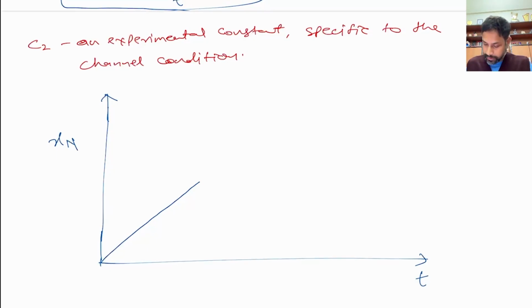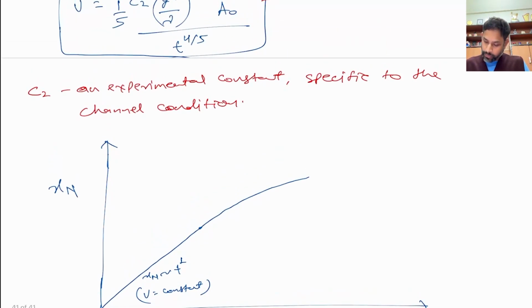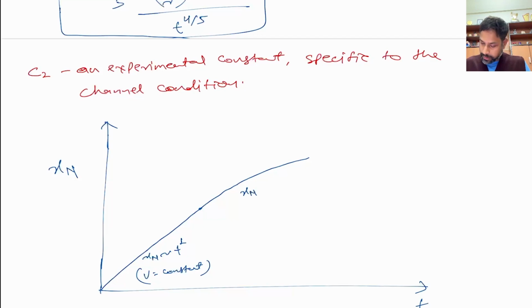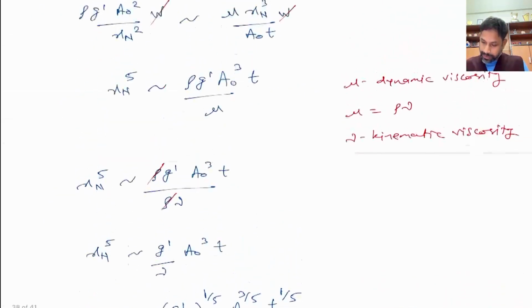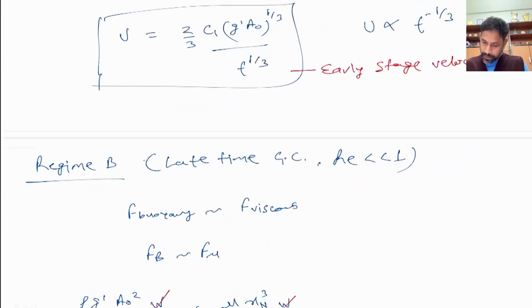So xn is proportional to t to the power 1, where u is constant. This is when it is still the continuous injection. And once you stop the continuous injection, xn will now increase with t to the power 2 by 3, as we have found in this case.